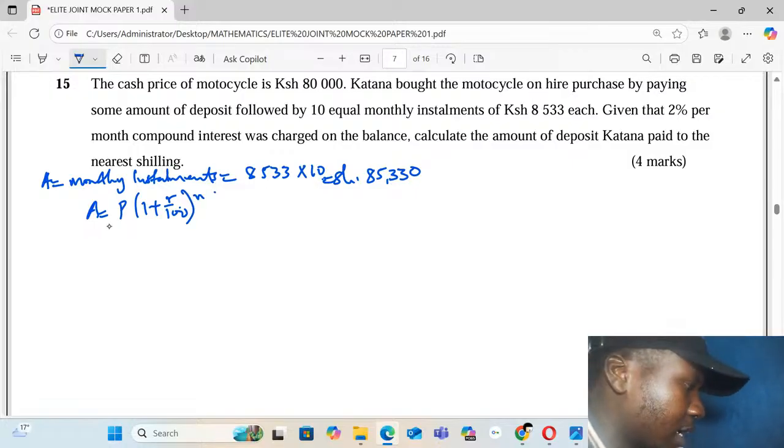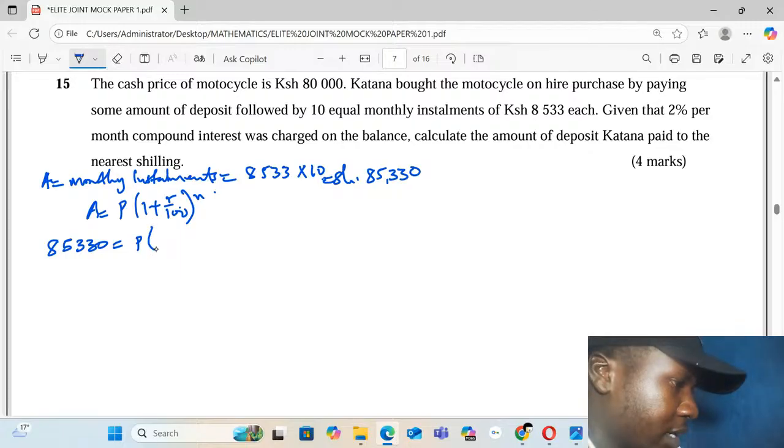So having our principal as our unknown, our amount, which is 85,330, is equal to the principal, which we are not given, times (1 plus 2 over 100) raised to n, which is 10.